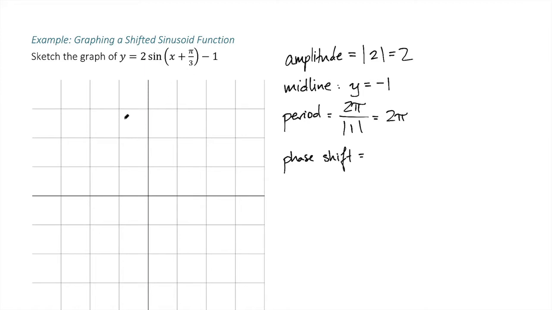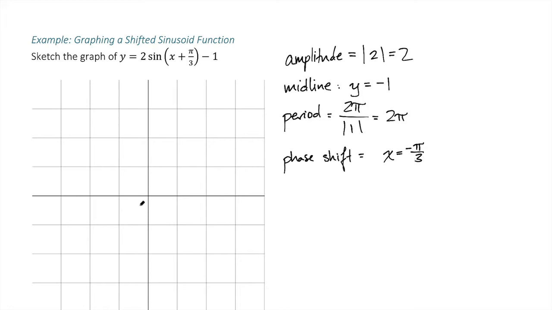Okay, that's the easiest way to get it. So we take x plus pi over 3 and set it equal to 0, and we get x equals negative pi over 3. So our phase shift is negative pi over 3. The x value equal to negative pi over 3 is where we'll start a cycle of the sine function starting on the midline. So let's go ahead and do this.